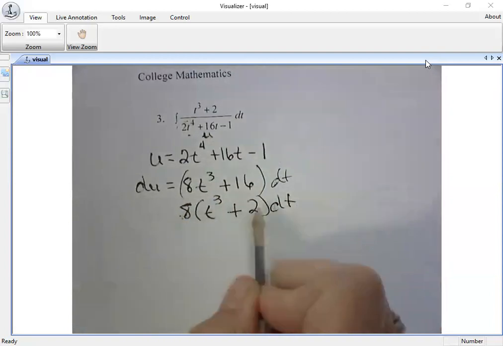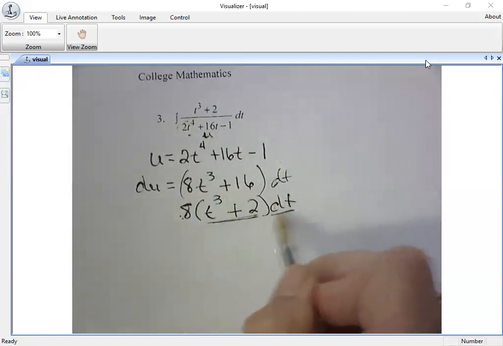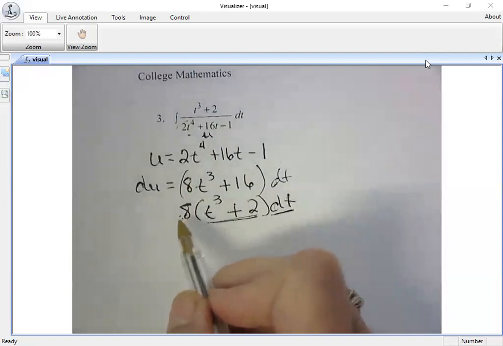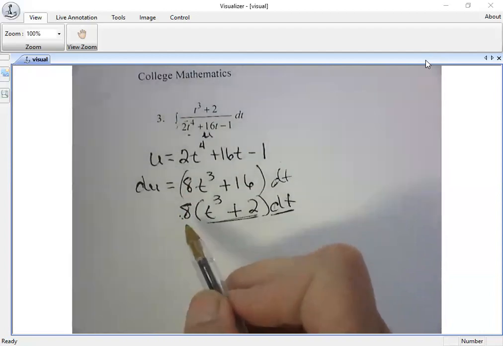Because I can distribute back, it gives me this. But by writing it in this form, I've got this and this that I need to replace. It's just I've got something extra now in the du. And as long as what's extra has no variable with it, if it's just a constant, I can fix that.